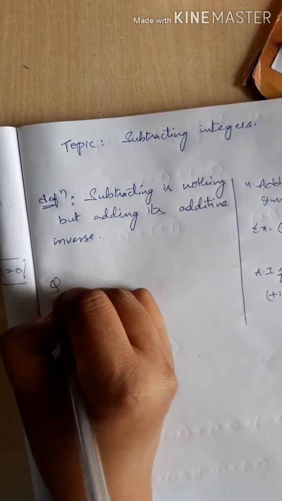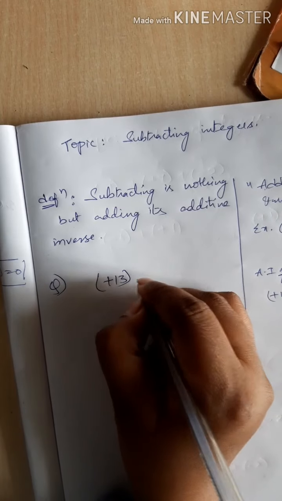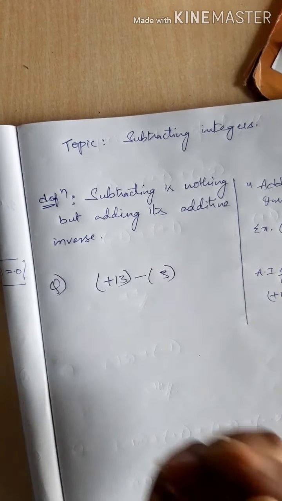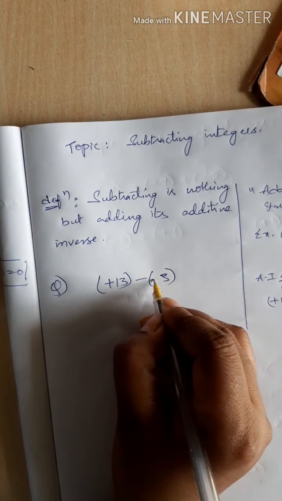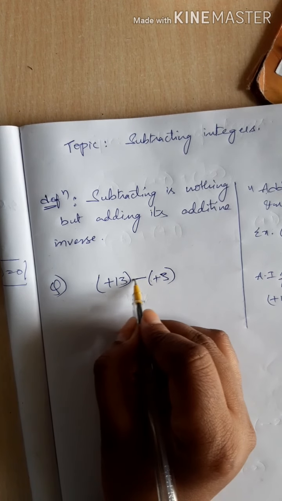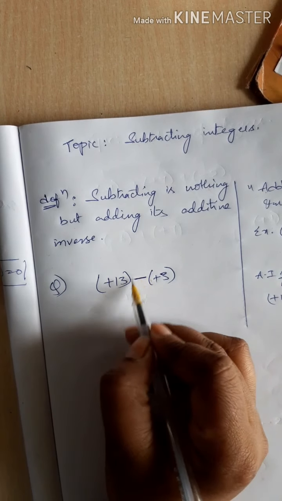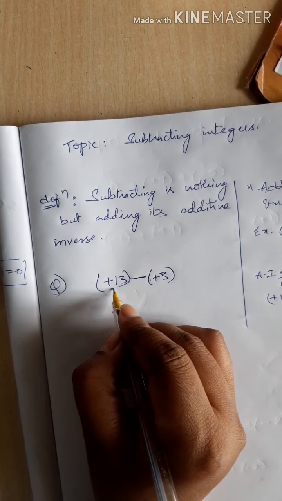Question: plus 13 minus 3. Inside the brackets I have written only 3, it's nothing but plus 3. What is the sign between these two integers? You have minus. This minus indicates subtraction.